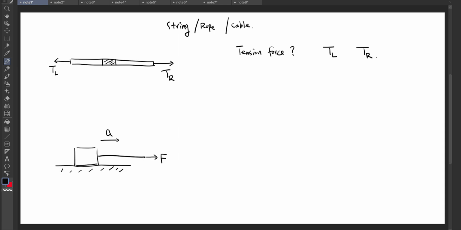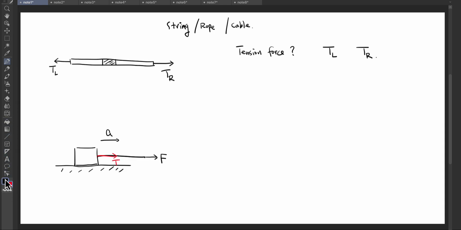On the left end, if you think about the object as this block here, then we want to talk about the tension force applied on the block by the string. Now we know the pulling force is F. Can we get any relation between T and F so that we can apply that to study the block's dynamics? That's why we need to talk about the string's property before we can identify T's expression.